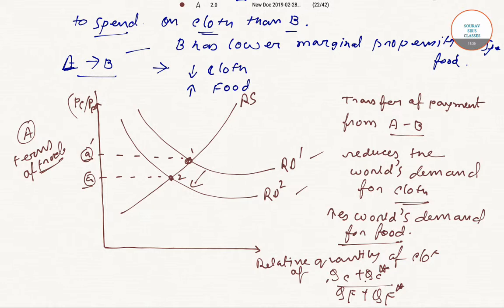Now this is the case which Keynes described. The indirect effect of an international transfer on terms of trade reinforces its original effect on the income of the two countries.